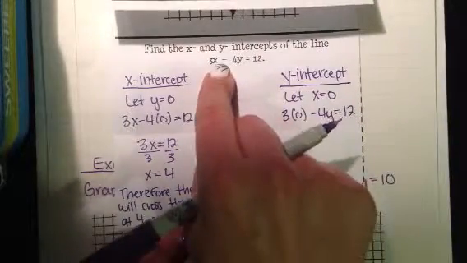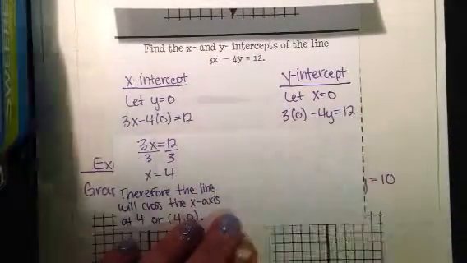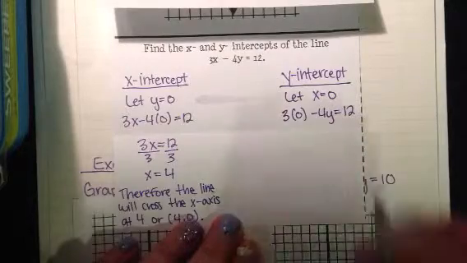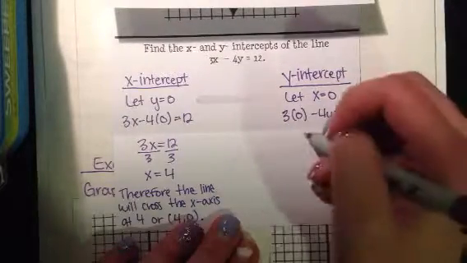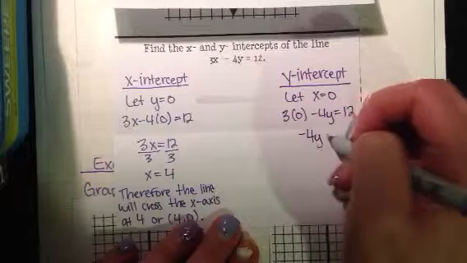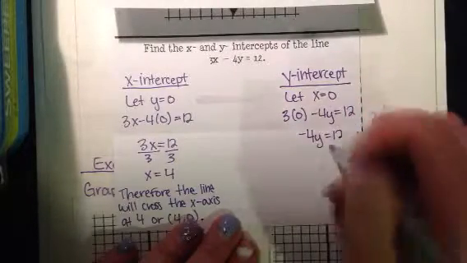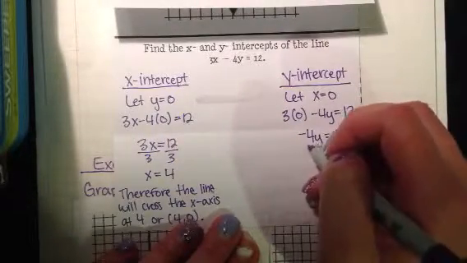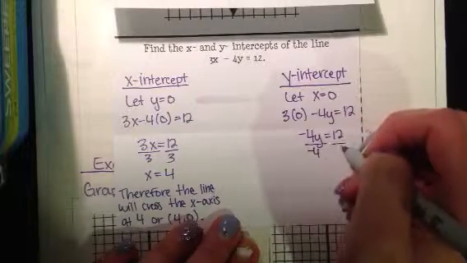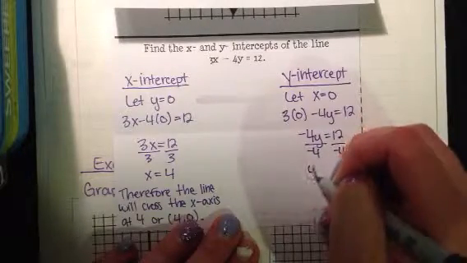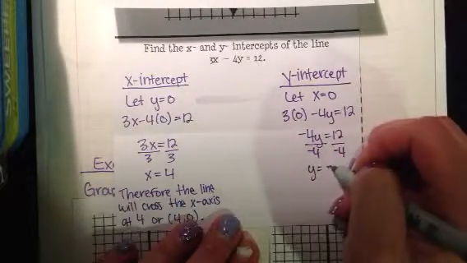So I just made that x a 0. And now I'm going to solve for y. 3 times 0 is 0, so I'm left with negative 4y equals 12. Divide both sides by negative 4. y equals negative 3.